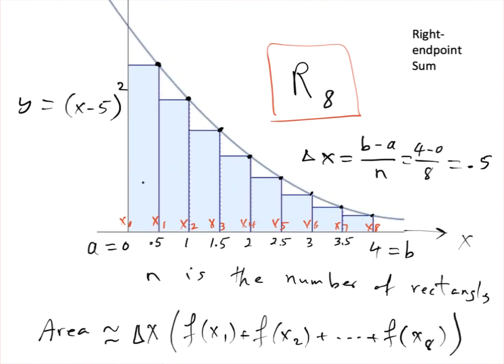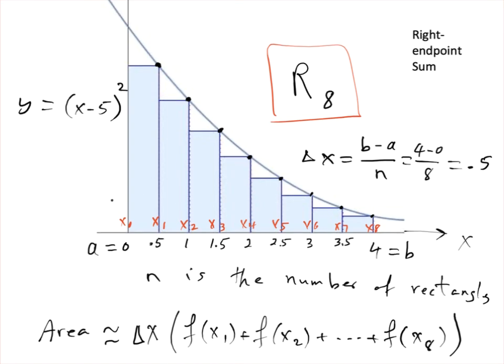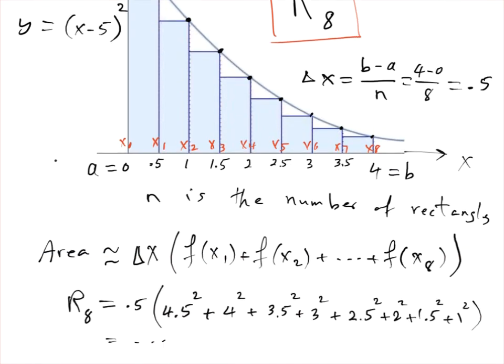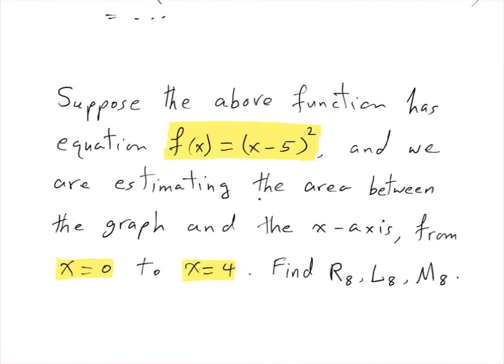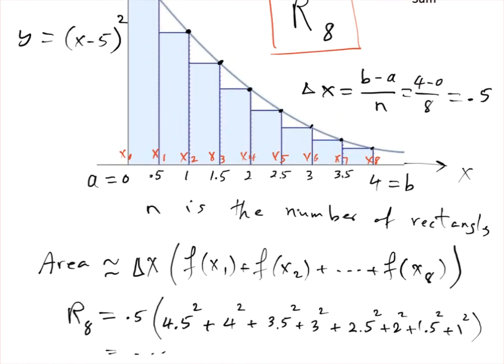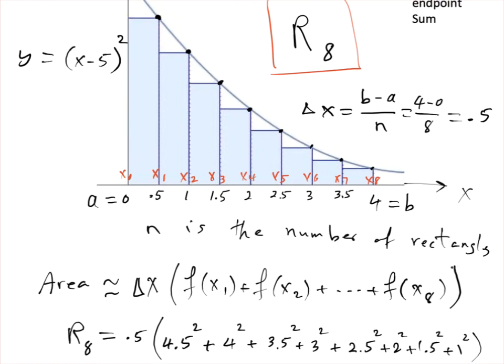Sometimes the picture is given, sometimes you only have the equation of the function that you're dealing with. So this concludes the lesson on approximating areas between the graph of a function and the x-axis.